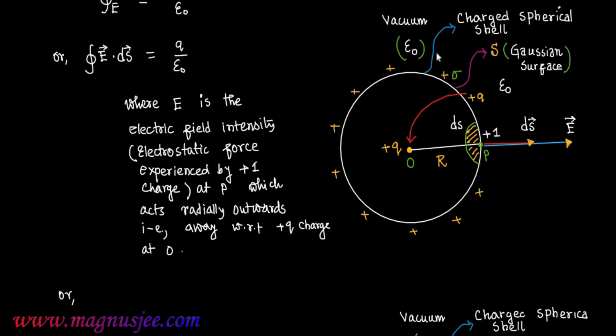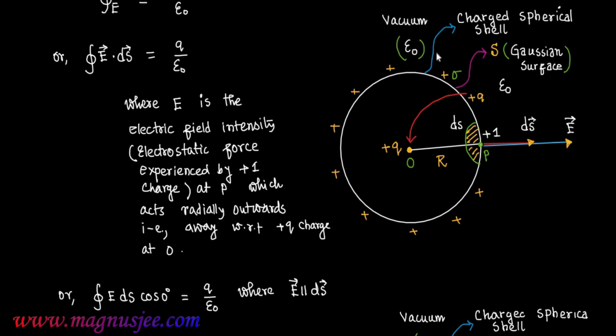Or closed integration E ds cos 0 degree equals Q by epsilon 0, where the field intensity at the point P, that is vector E, is parallel to the small elementary area vector ds. Vector E is parallel to vector ds.